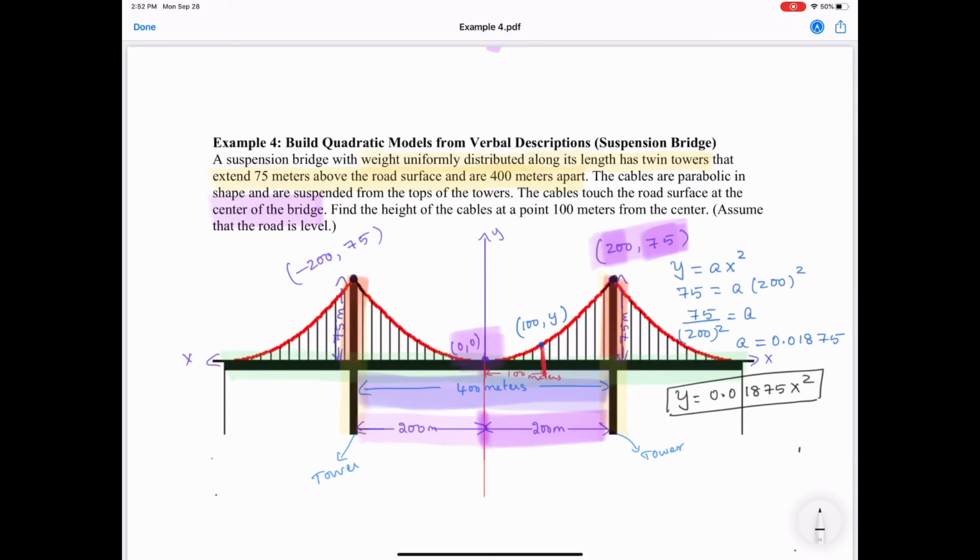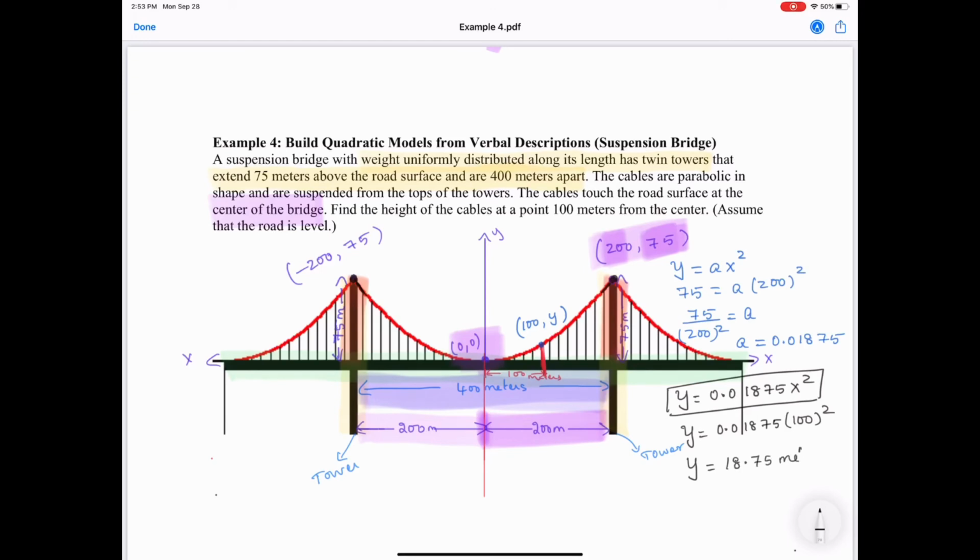And now the question is asking me to find the y value when x is 100. So plug in 100 in the place of x, 100 squared, and when you simplify, it would be 18.75 meters.